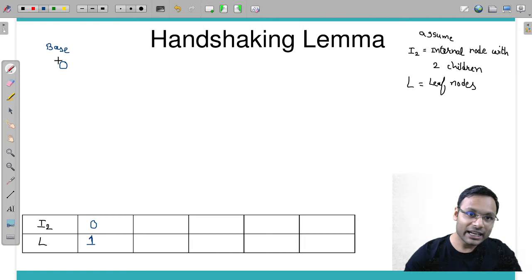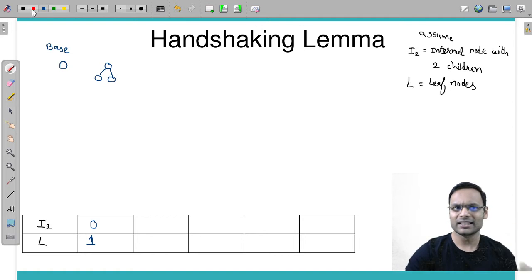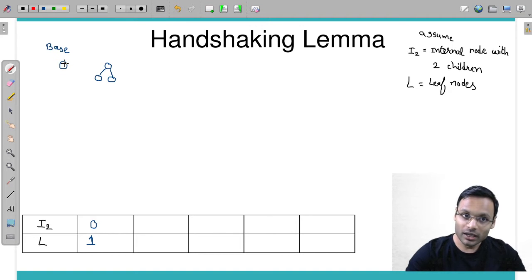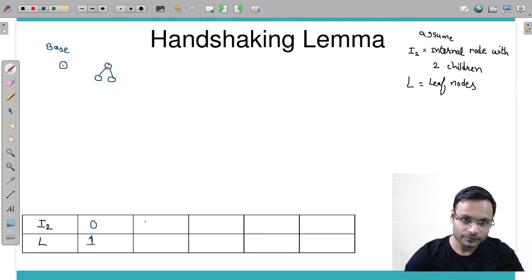I am increasing internal nodes with 2 children by 1 count. So what exactly did I do? This leaf node I have converted into an internal node. How many internal nodes with 2 children do we have? 1.